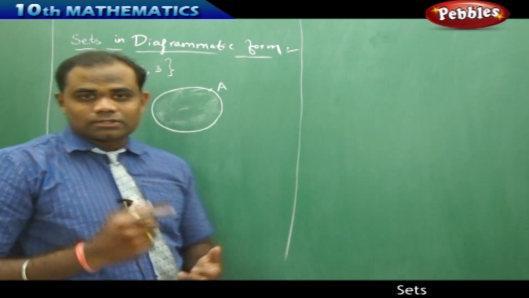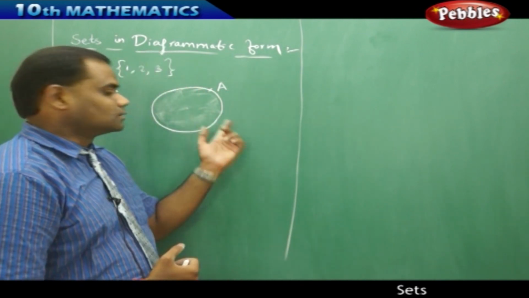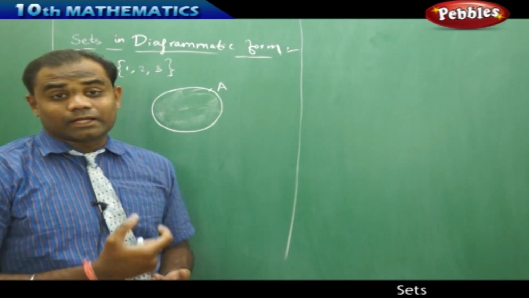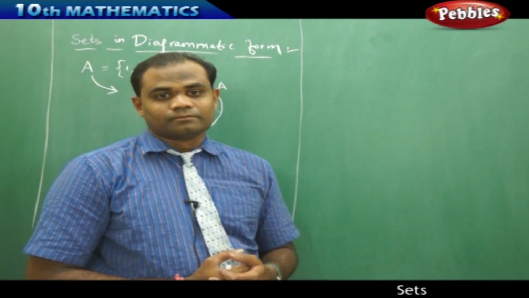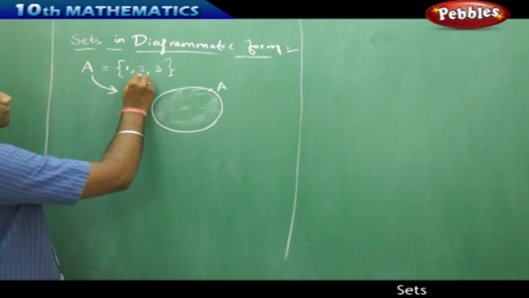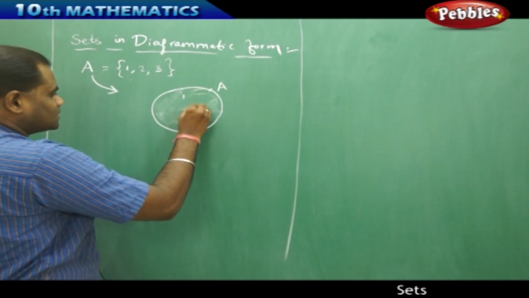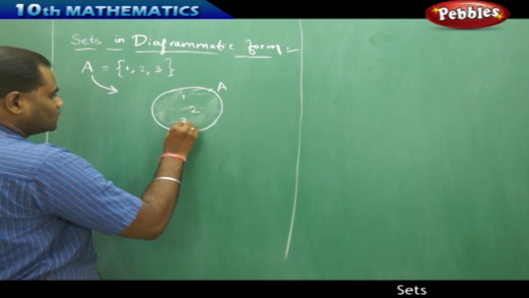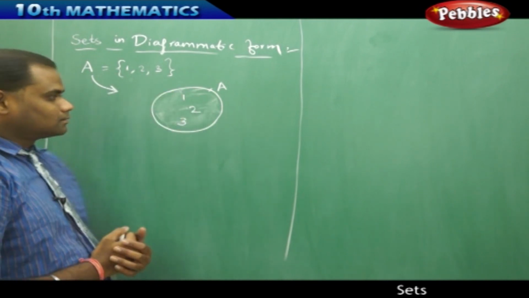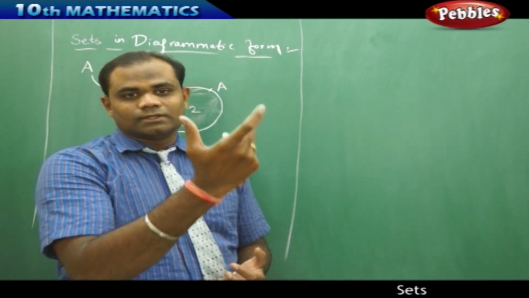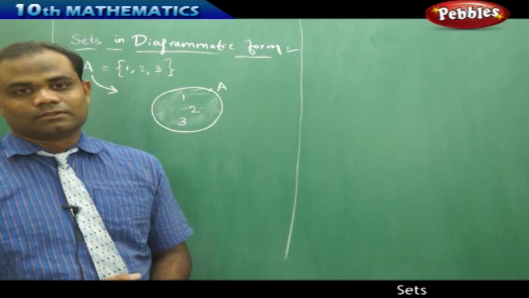No element crosses out the circumference of the circle, is how I understand the diagrammatic representation of a set. So the elements 1, 2, 3, for example, taken here for the set A, will definitely lie inside the circle as 1, 2 and 3. But these elements do not cross the circumference of the circle.